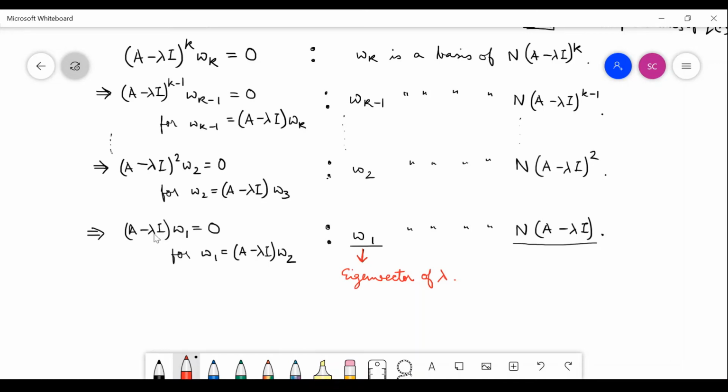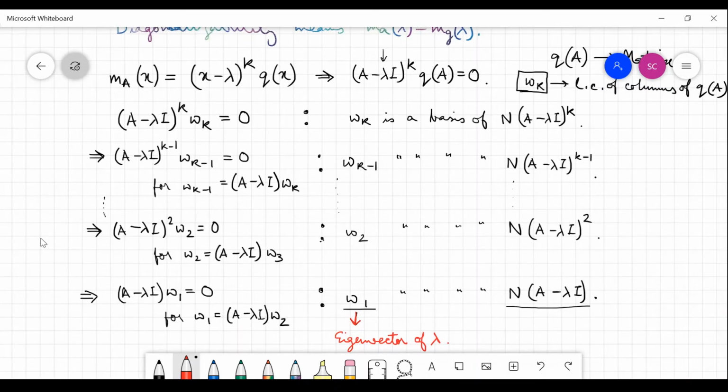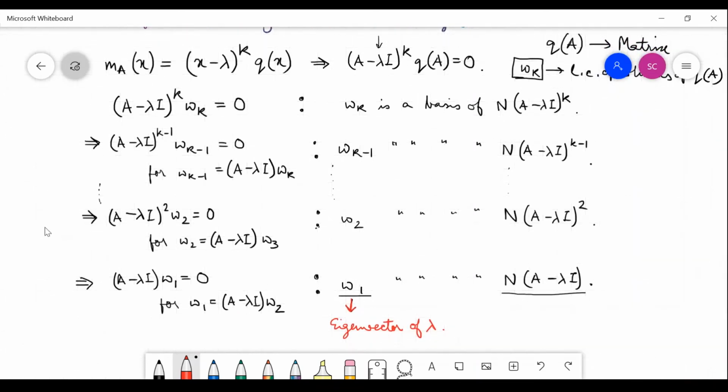But if I start from the minimal polynomial, I am able to get several other basis vectors also, though they are not basis vectors of the null space of A minus lambda I. Yeah, that is true.